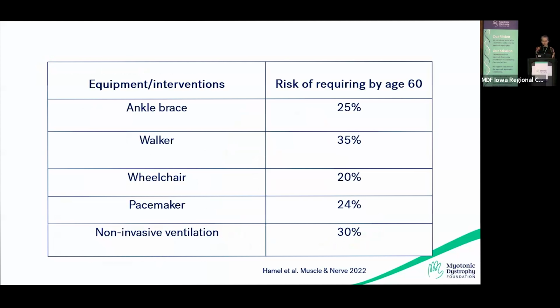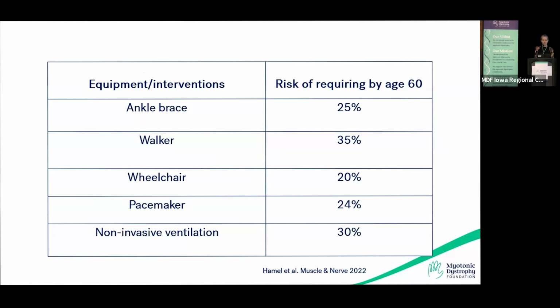But there was a study that came from the registry at the University of Rochester. They send out yearly surveys to the participants to see how they're doing and what their equipment needs are at that time.